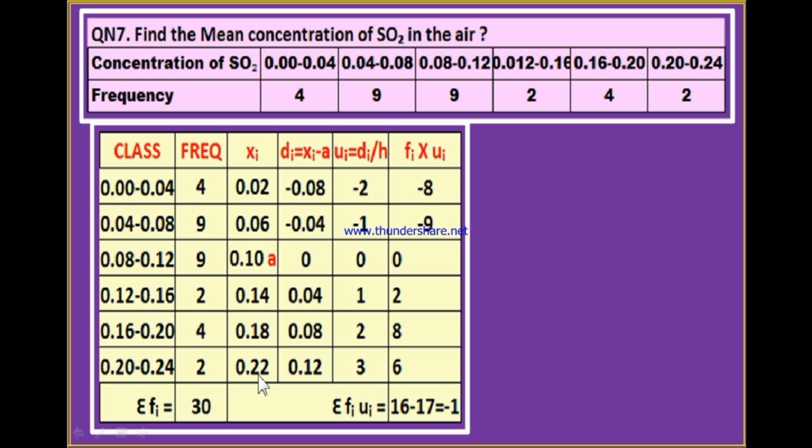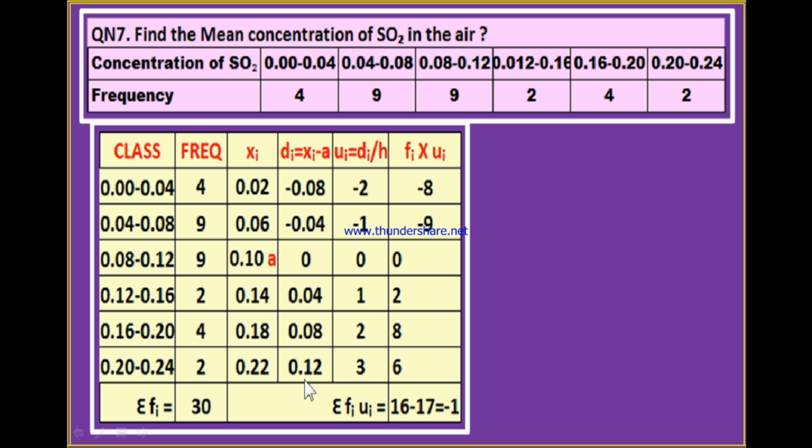For this class, 0.22 minus 0.10 is 0.12. Now come to these classes. 0.06 minus 0.10 is minus 0.04. For this class, the deviation is 0.02 minus 0.10, which is minus 0.08.